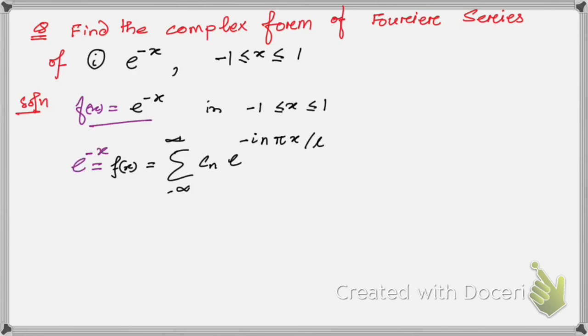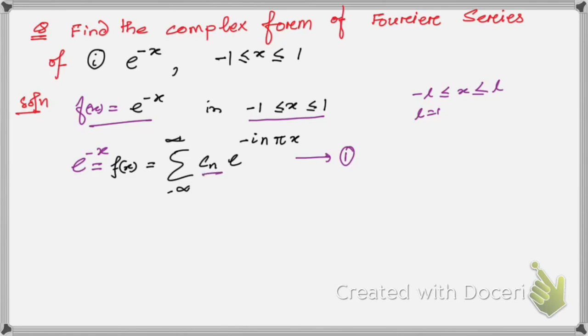And here the value of L, this is for the interval minus L to plus L. So here the interval is minus 1 to plus 1. Obviously L is equal to 1, so that's why we can replace this L by 1. If you do so, then we can write this. Fine, so hope you have understood. This is, suppose, equation number 1.